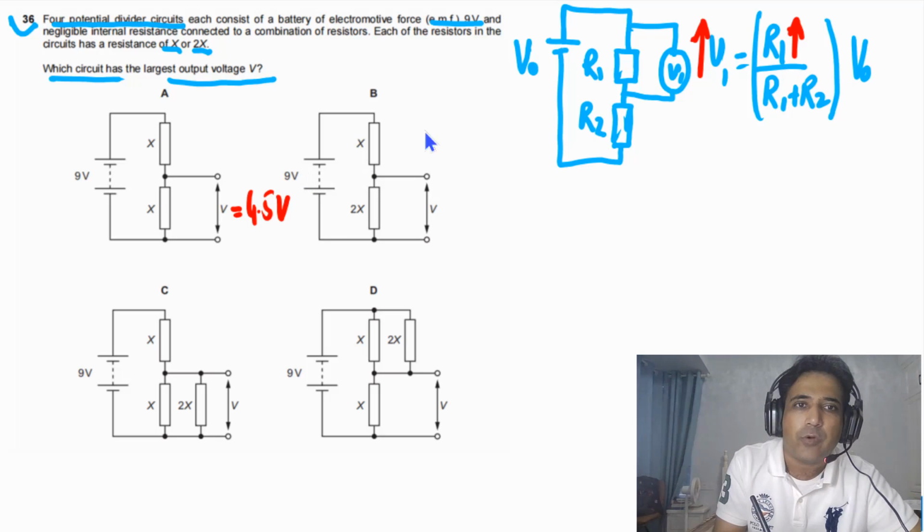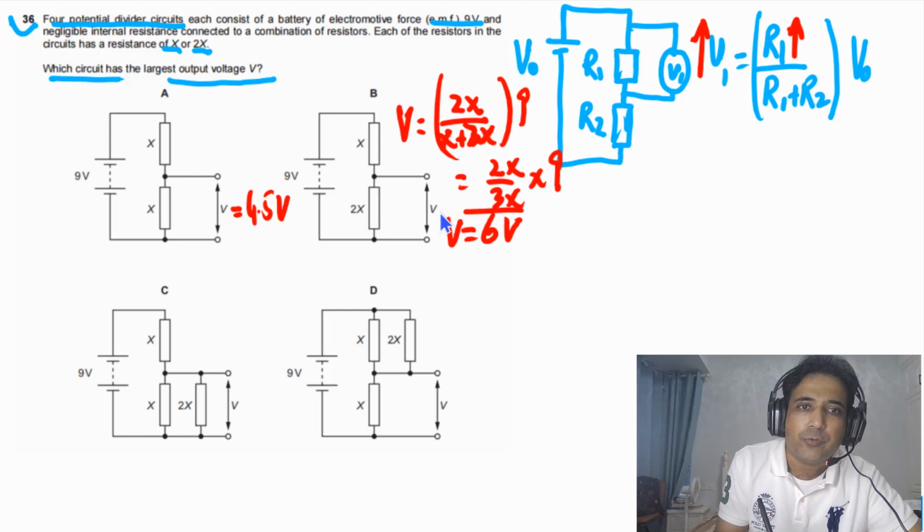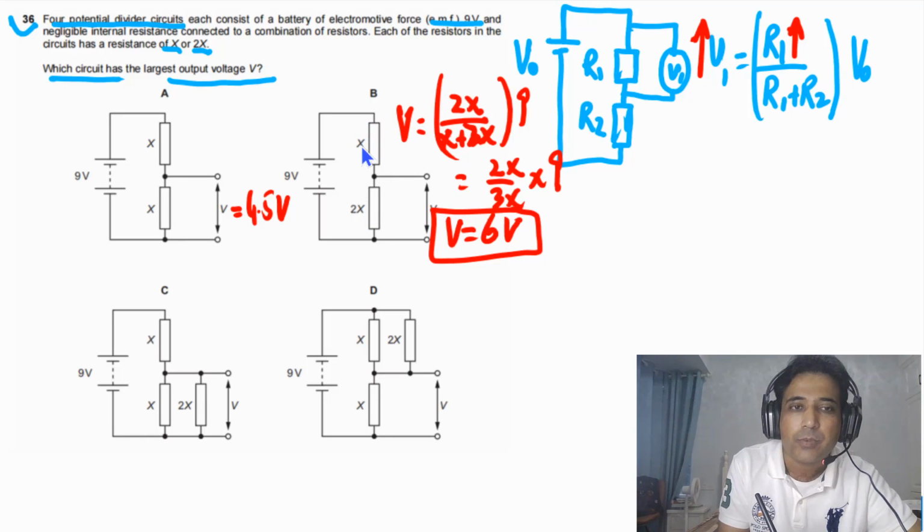We can also use this formula: V is equal to 2X divided by (X plus 2X), multiplied by 9. So we have 2X divided by 3X multiplied by 9, so we will get 6 volts. In a simple way, you can understand potential will be divided into 3 parts, 2 parts across this one, 1 part across this one, so this has to be 6 volts.